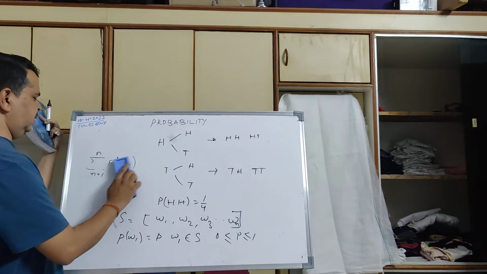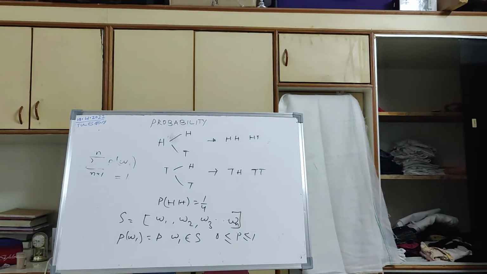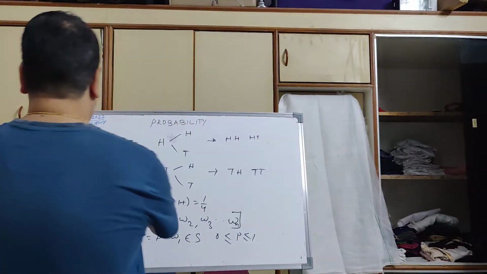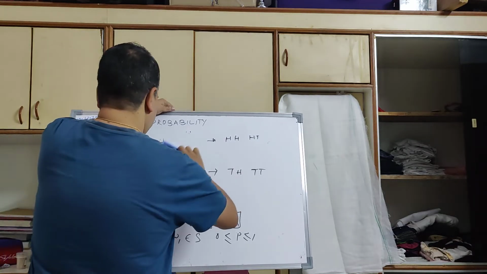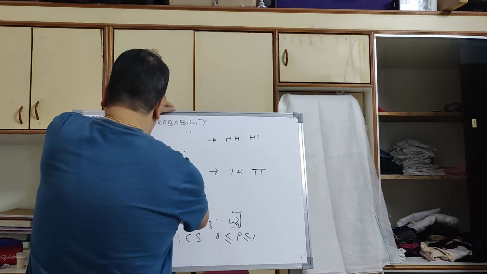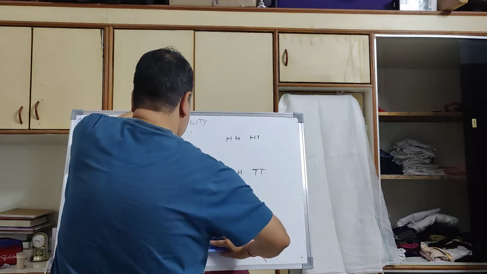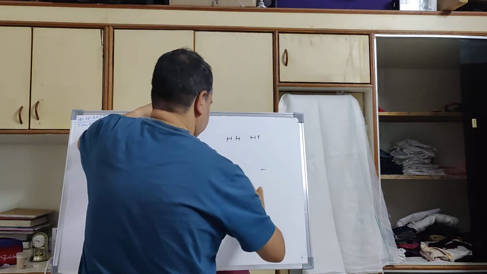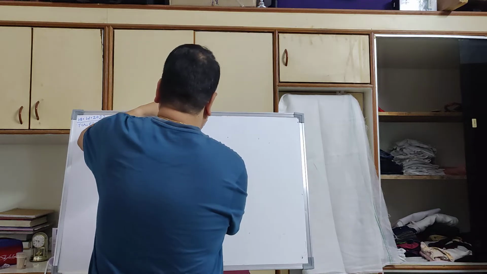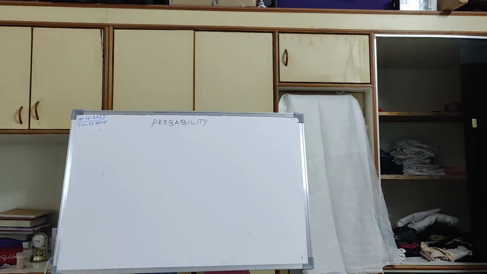So this is one: the total probability of all the sample points is equal to 1. These are called equally likely events.